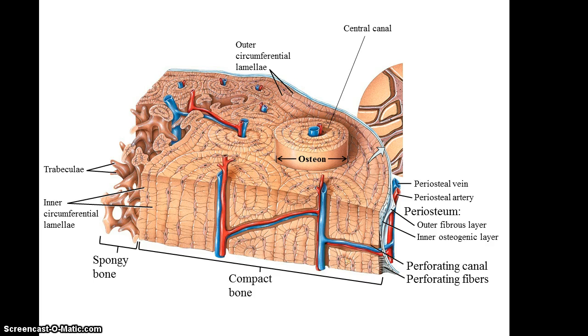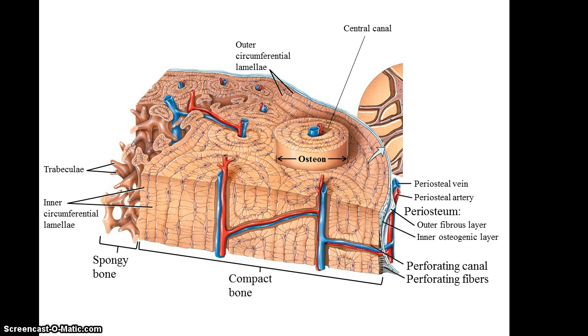So you've got the spongy bone with the trabeculae, you've got the various types of lamellae, and then on the very outside you have the periosteum, which has an outer fibrous layer and an inner osteogenic layer.